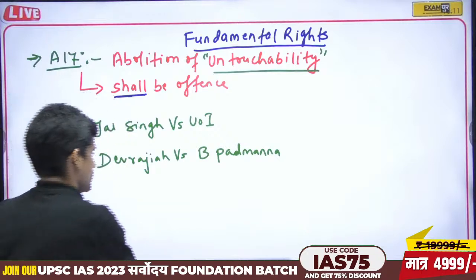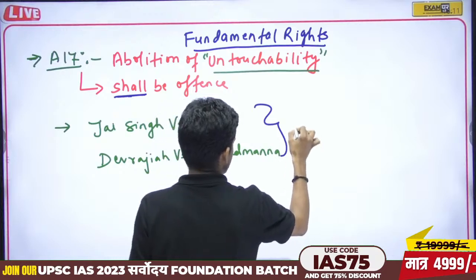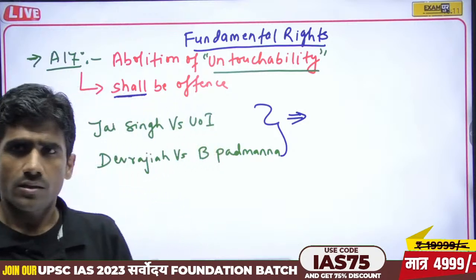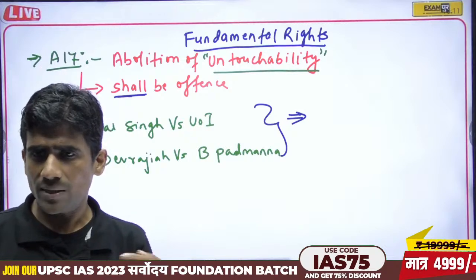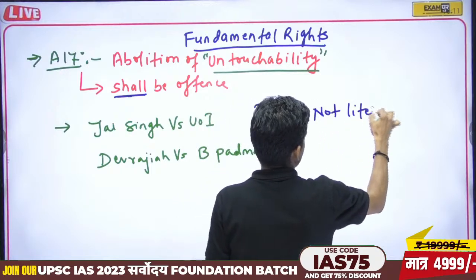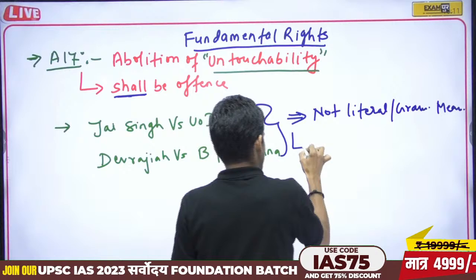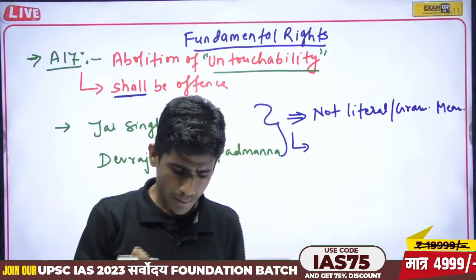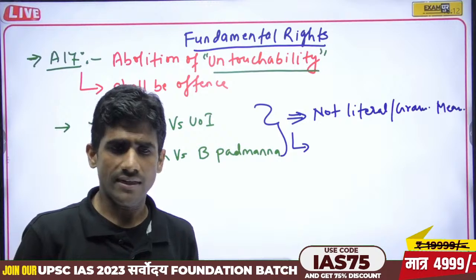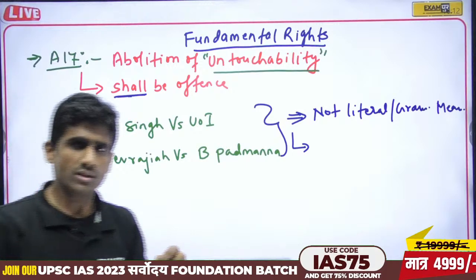How? According to this judgment, the judiciary said that untouchability has no literal or grammatical meaning. If you interpret this word, it has a historical sense or historical meaning, that is, it is related to the slavery system.